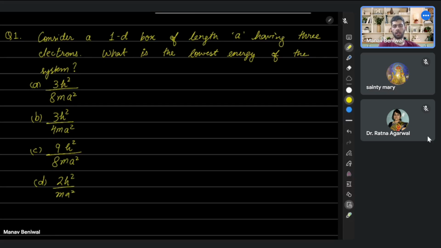So this 1D box was discussed in the lectures. Still, if you don't know how to write the energy of a particle in a one-dimensional potential box, you can let me know and we can derive the result. But for this problem, if we already know the energy and how it varies depending on n, then it becomes a very straightforward problem.